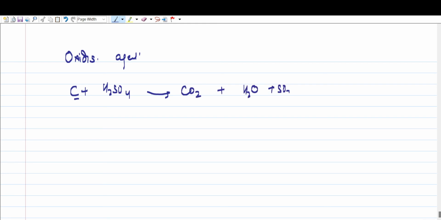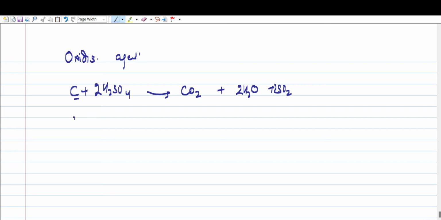Next, how will you prove that sulfuric acid is an oxidizing agent? Okay, so if sulfuric acid combines with carbon, then carbon will be converted into carbon dioxide, you will get water and sulfur dioxide. Okay, to balance, carbon with 2 sulfuric acid.